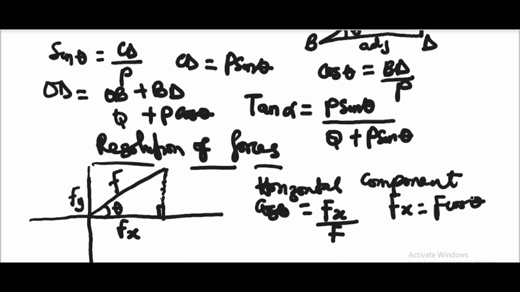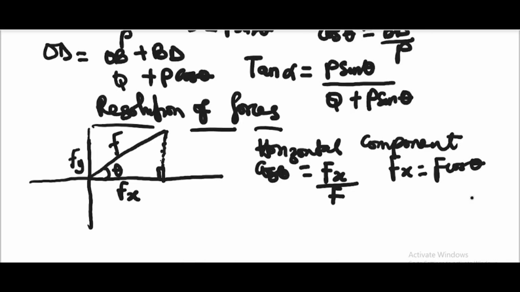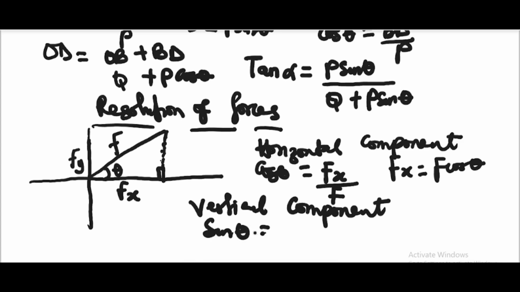So if that is the case for the horizontal, it means that for the vertical component, we will have sine theta equal to Fy over F. So Fy is equal to F sine theta. So you have resolved your what? Force on the horizontal and on the vertical.